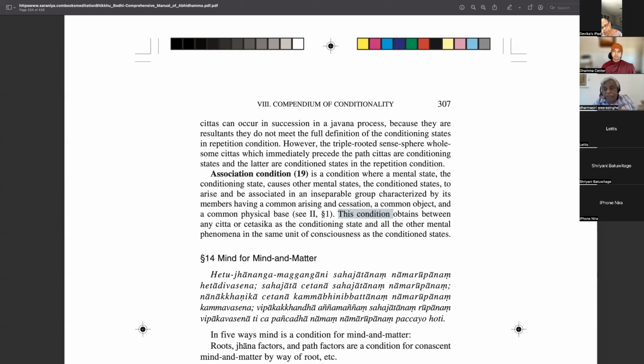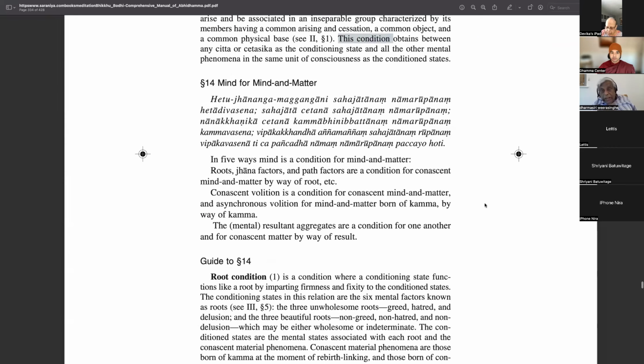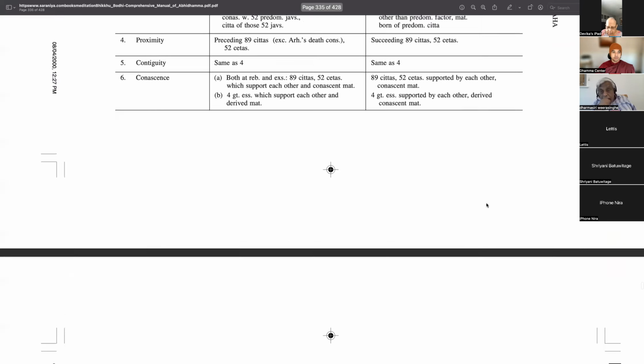That means it gives the same characteristics, same basis, same object. Because it's the same base and same object, it gives exactly similar chaitasikas together with the chitta, if you take the very first one.